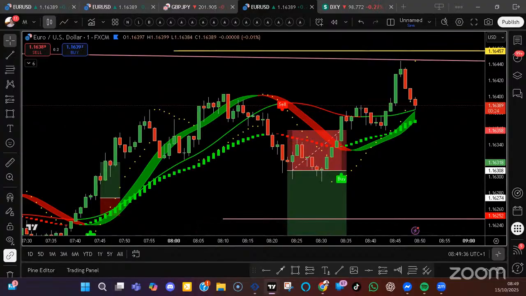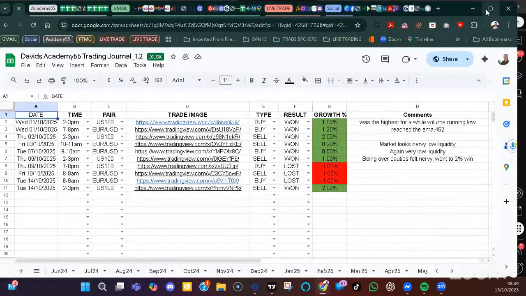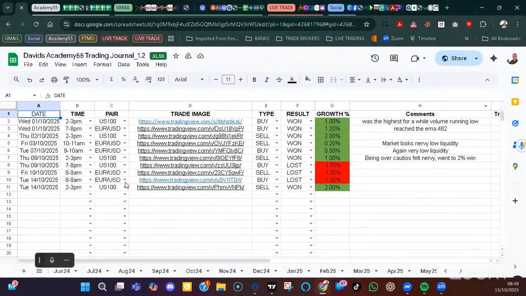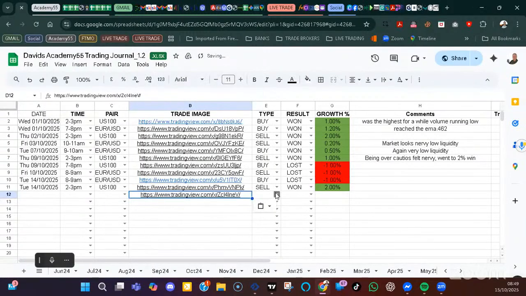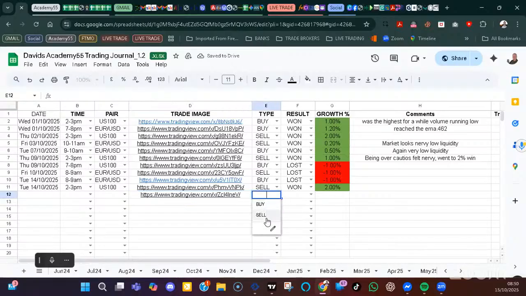Because what I'm going to do is find my journal. There's my journal. And transfer the information. So there's the screenshot. Paste the screenshot in. It was a sell. It lost, unfortunately.